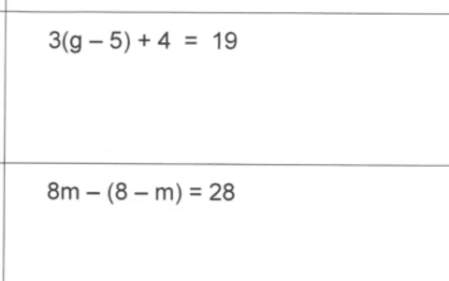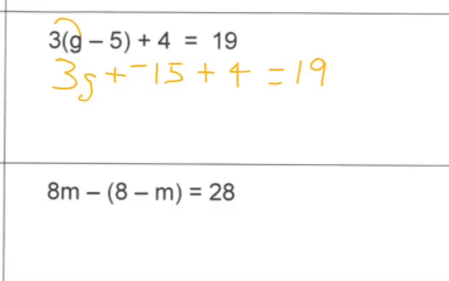But first, on anything with parentheses, we want to clear those parentheses. So let's distribute that 3, and that would give us 3g plus a negative 15. Negative 5 times the 3 is a negative 15 plus 4 equal 19. I'm going to go ahead and combine those in my head. Let's see, that's going to be a negative 11.